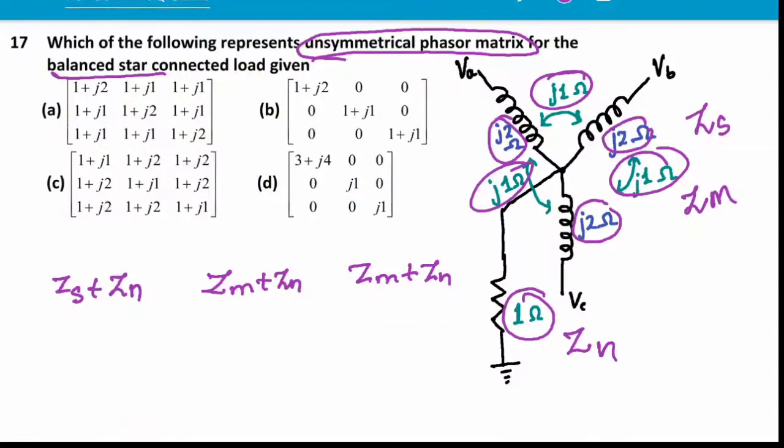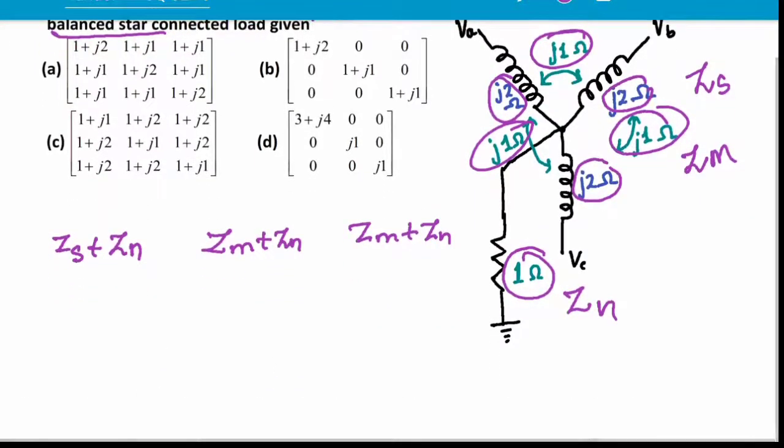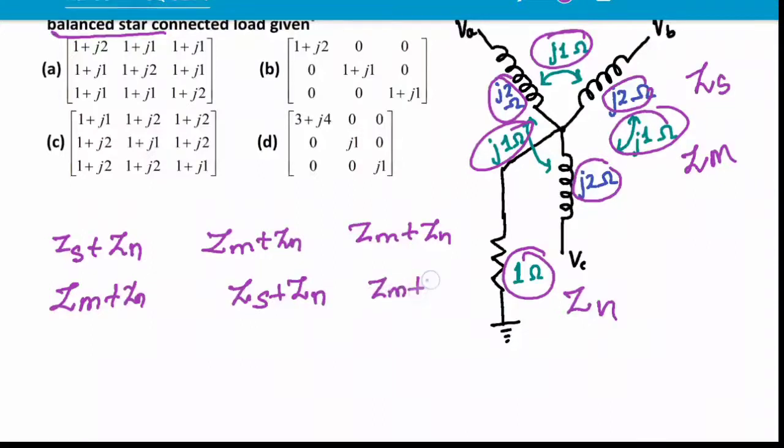The Z components are not symmetrical components, but the matrix has one type of symmetry, because the terms are the same. If the elements are not the same, or this is not balanced, suppose this is 3, this is 4, this is 5, then the matrix will not have symmetry.